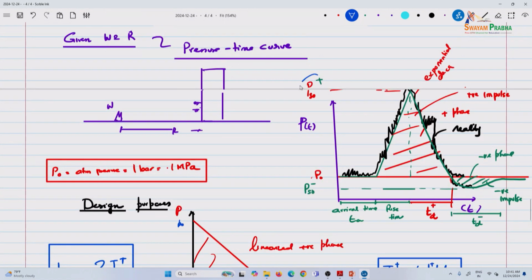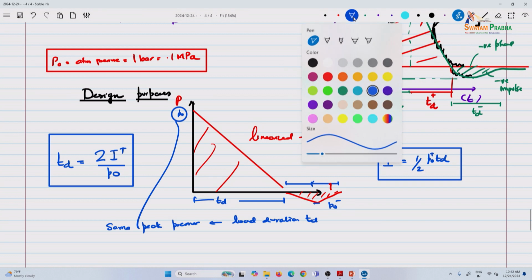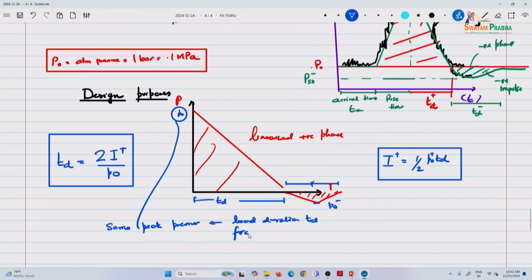So, we maintain the same peak value, the same peak pressure, but your load duration TD is adjusted from your impulse equivalence. So, that is artificial in nature, and you have impulse equivalence there.